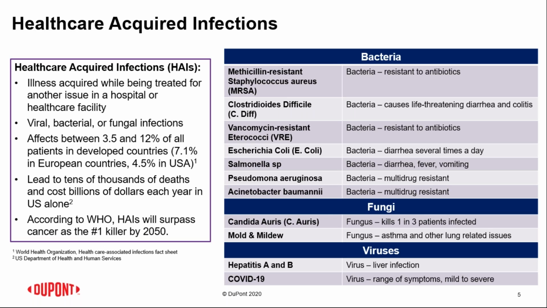There's a human cost, in that this leads to tens of thousands of deaths, and a financial cost of billions of dollars each year to treat these infections. That data is just for the US alone. Worldwide, of course, the numbers are higher. What's also very surprising, according to the World Health Organization, is that healthcare-acquired infections will surpass cancer as the number one killer by 2050.